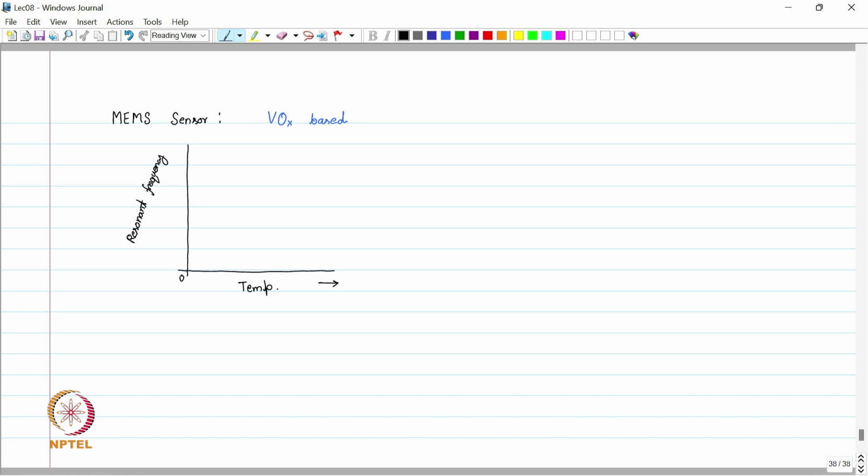Let's say this is the origin. This typical value is 40 kilohertz, this is 20 kilohertz, this is 30 kilohertz, just for an example, and the temperature is changing from 0 to 100 degrees.